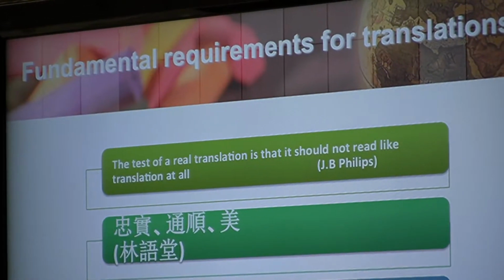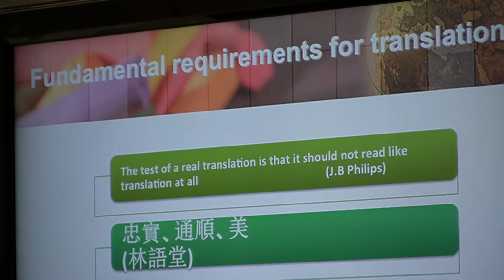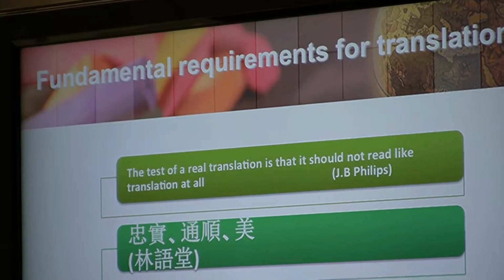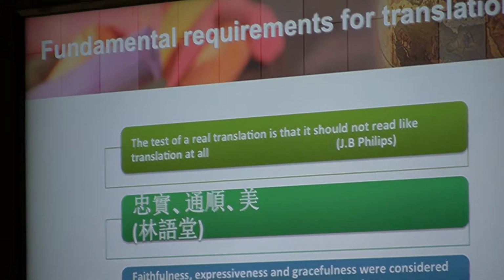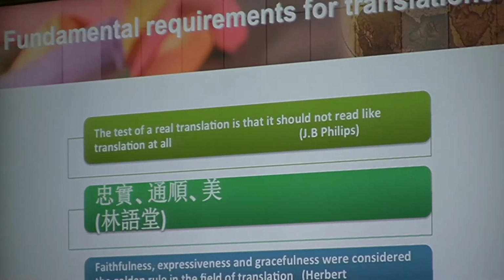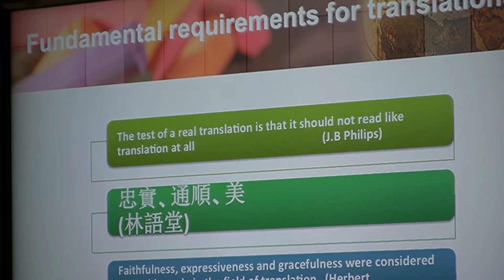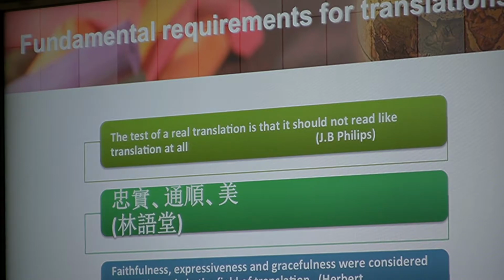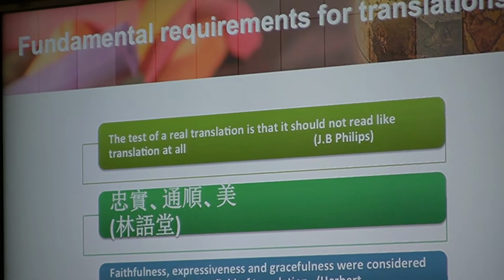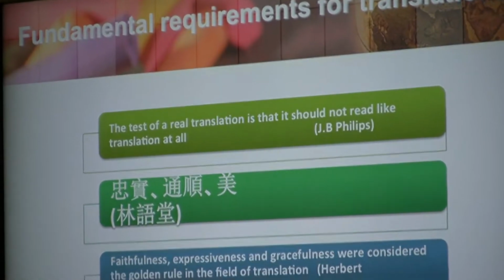J.B. Phillips said that the test of a real translation is that it should not read like a translation at all. So if you want to become a competent translator, and the people who read your translation don't realize that it's a translation at all, then you are very successful.